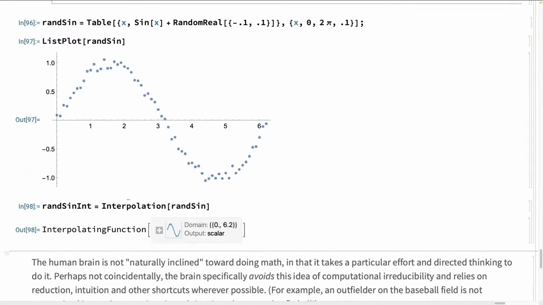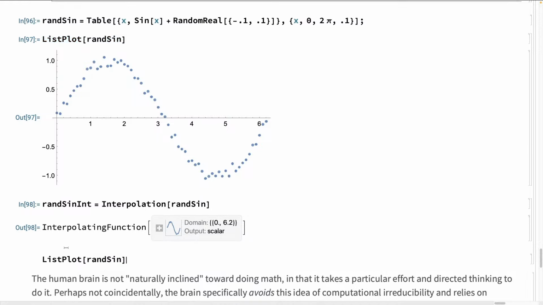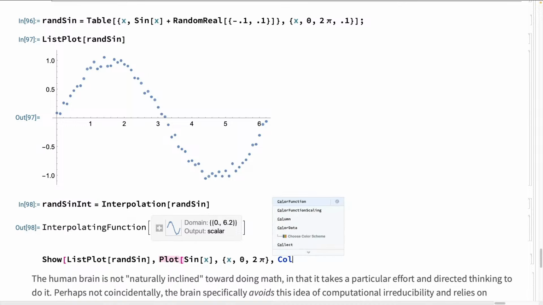What you don't want is to try and learn the shape of this thing, which should be, we can show our list plot, and then we can show a plot of sine of x as x goes from 0 to 2 pi.